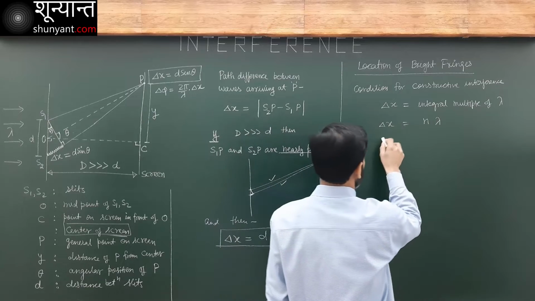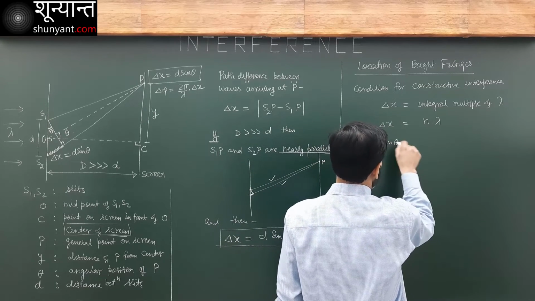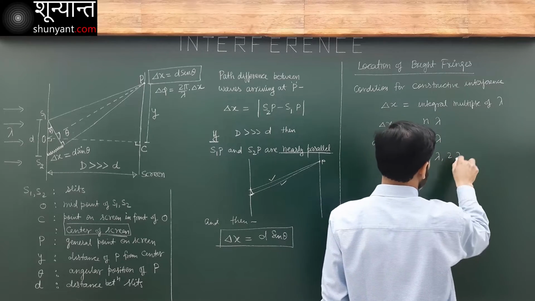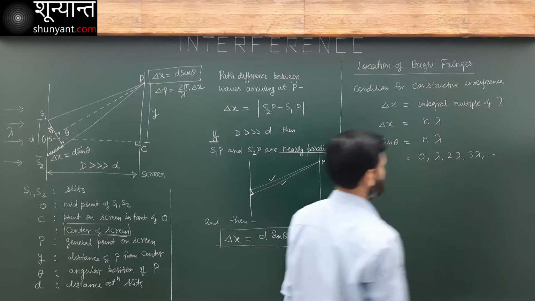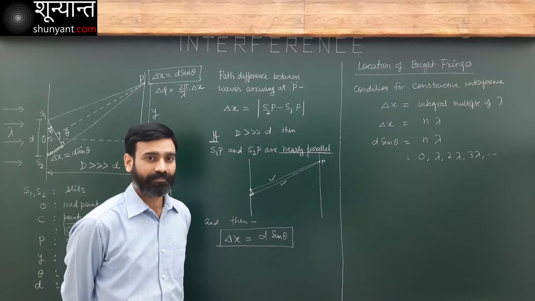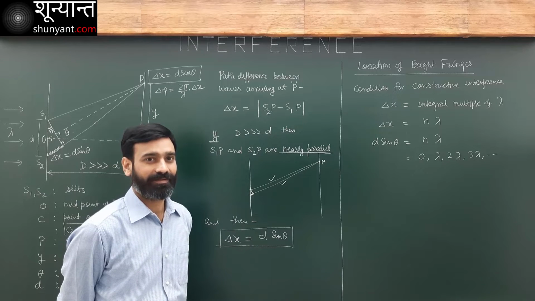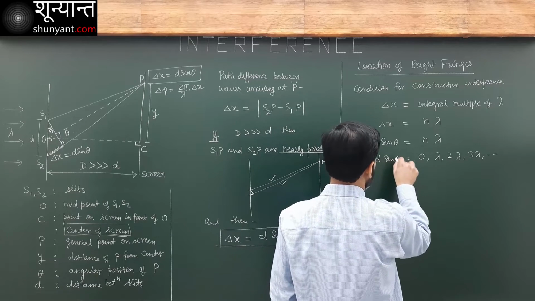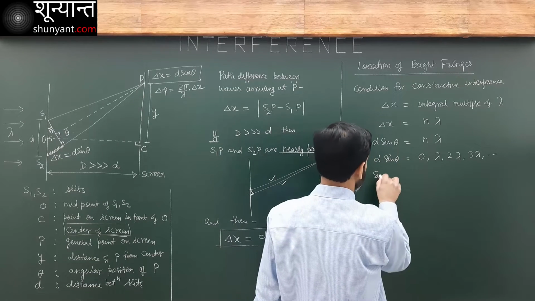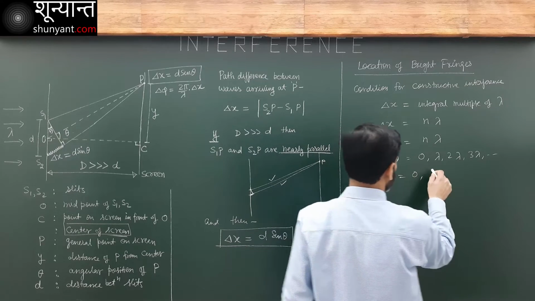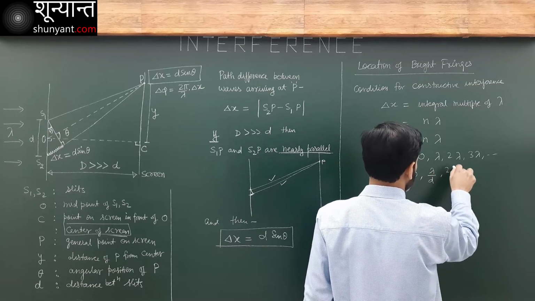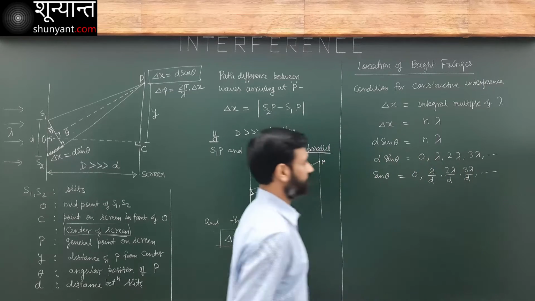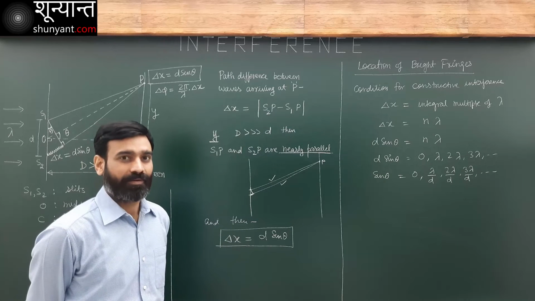So this delta x, which is d sine theta, is equal to n lambda, that is 0, lambda, 2 lambda, 3 lambda, like this. Do you understand this? This is the condition for bright fringes. Sine theta will be equal to 0, lambda over d, 2 lambda over d, 3 lambda over d, and so on.